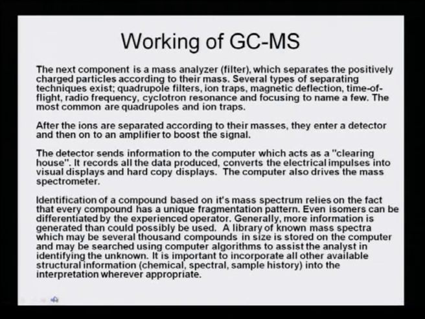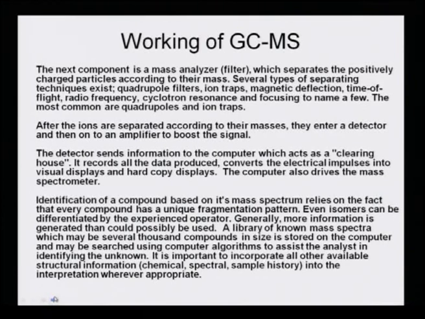Several types of separating techniques exist: quadrupole filters, ion trap, magnetic deflection, time of flight or TOF, radio frequency, cyclotron resonance, and focusing, to name a few. The most common are the quadrupoles and the ion trap.